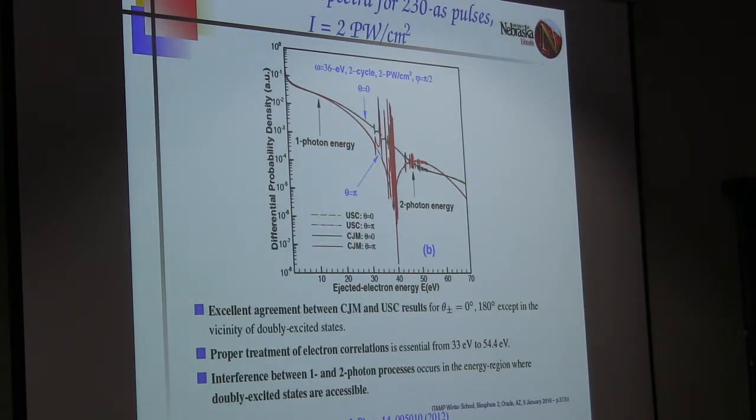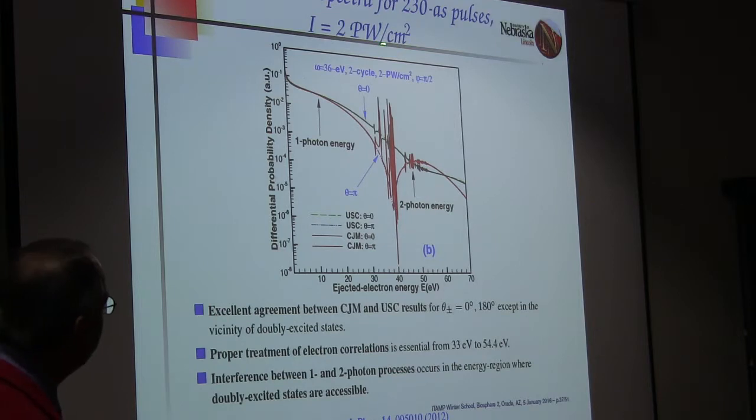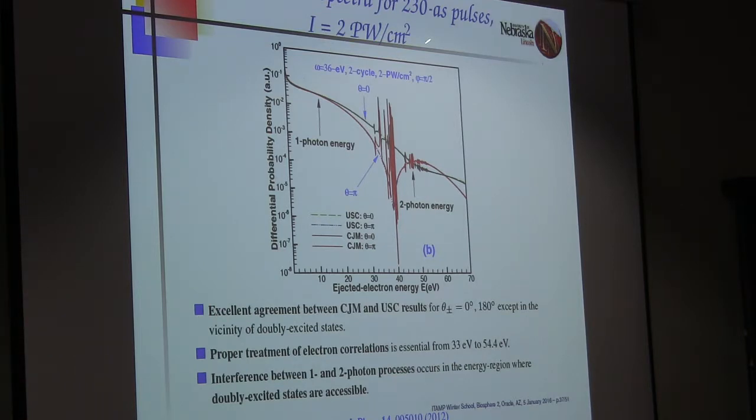So this is helium with 230 attosecond pulses, 2 petawatts, which is much more intense than any attosecond pulse that have been produced so far. At least 3 orders of magnitude more intense.